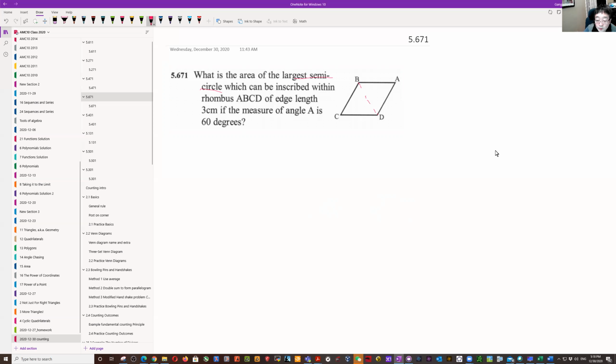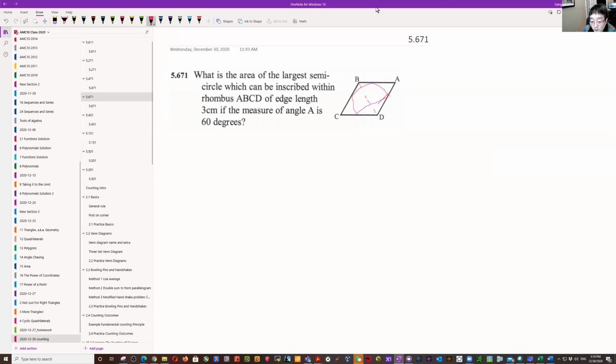So if you do it in this orientation, obviously it's a full circle, which is not as big. But if you put the diameter of the semicircle here and try to inscribe in this direction, it could end up a bigger shape. So let's do it this way.